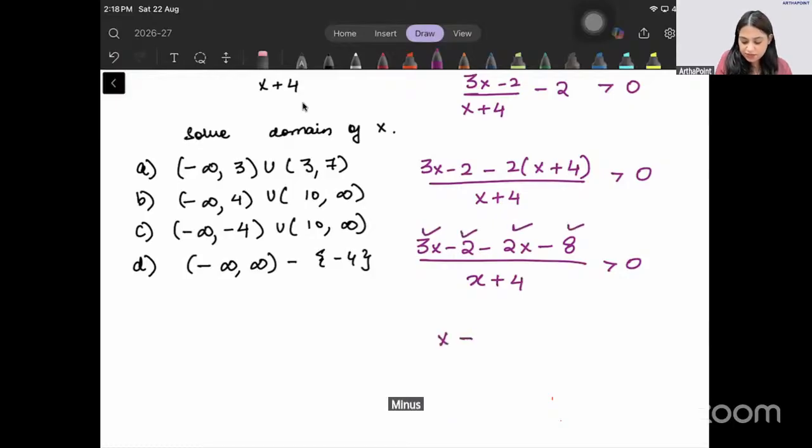Minus 2 minus 8 means minus 10 upon x plus 4 greater than 0.